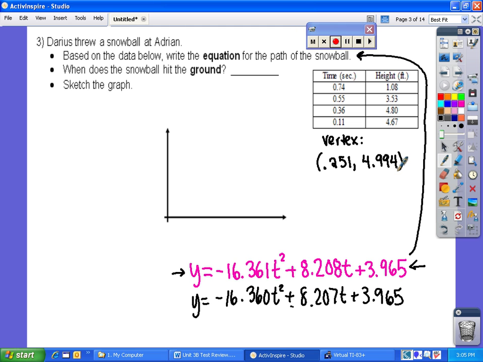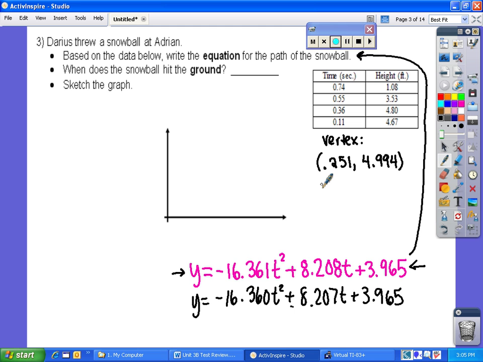Now, you might have gotten a different one because you used this equation here. So you might have 0.25 and 4.98 or something like that. It'll be a little different if you didn't round properly.